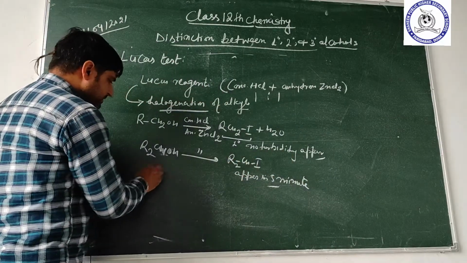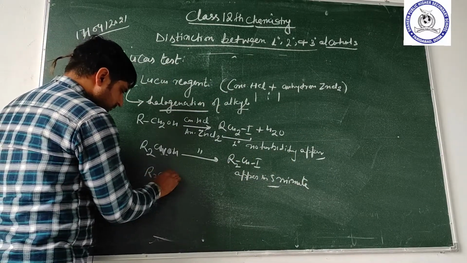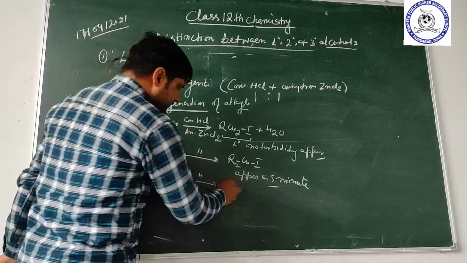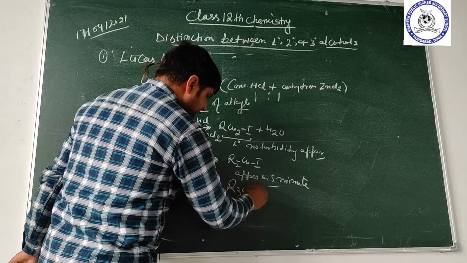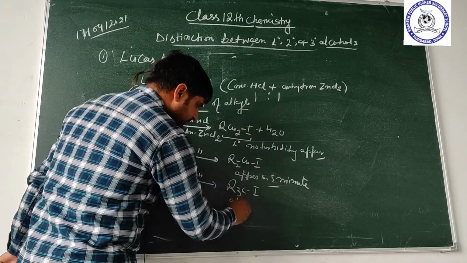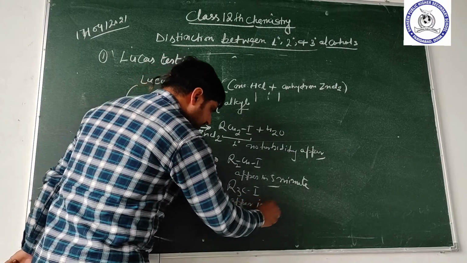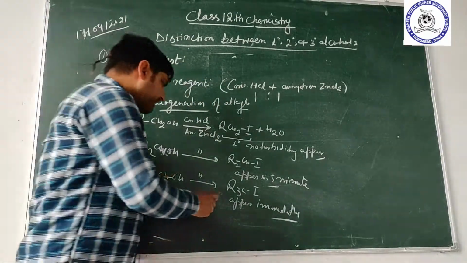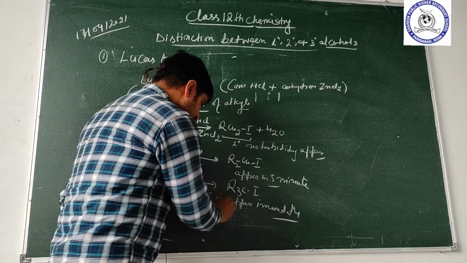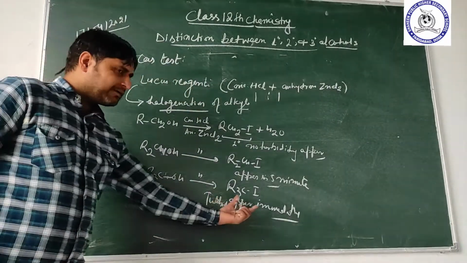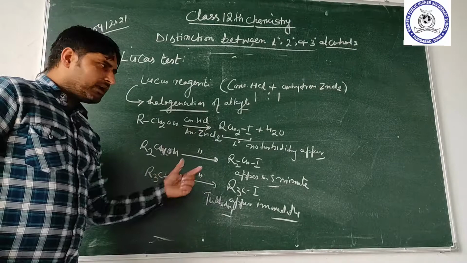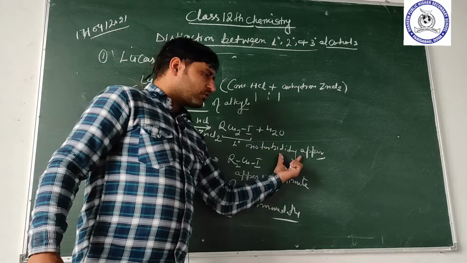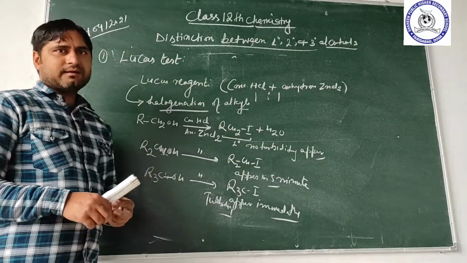And when we react the tertiary alcohol with Lucas reagent, the compound is R3CCl, and in this case turbidity appears immediately. This indicates tertiary alcohol. When turbidity appears in 5 minutes, it is secondary alcohol. When the solution is non-turbid, that is primary alcohol.